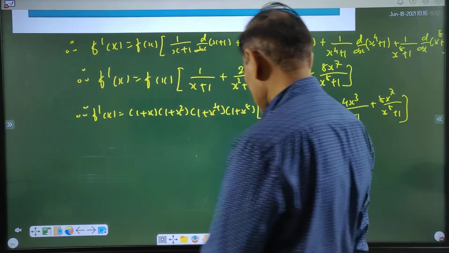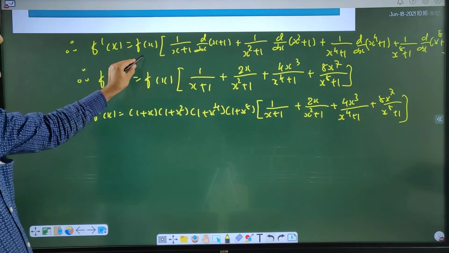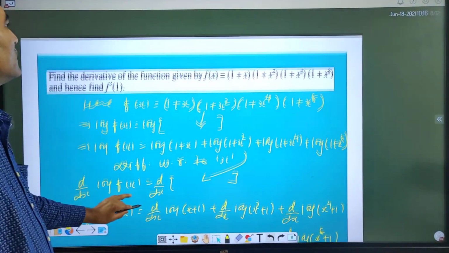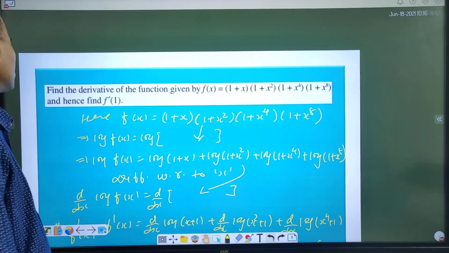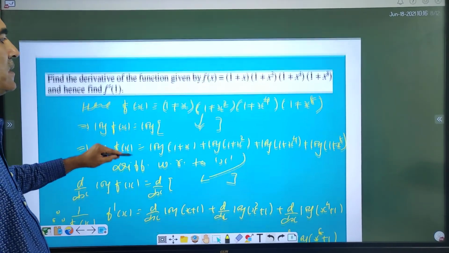See, what do we want? We want the derivative of this function, and hence find f dash 1.